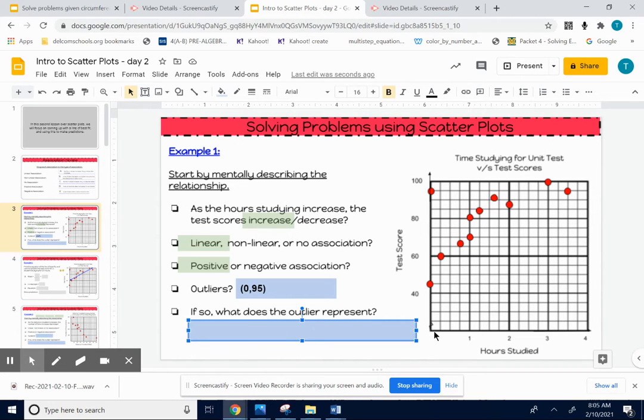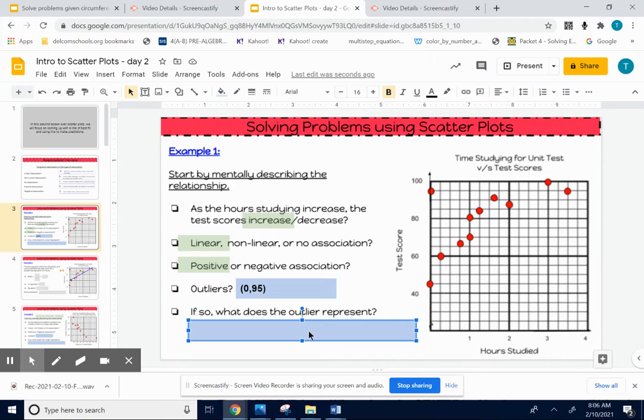Think about in this problem, what does (0, 95) mean? Well, 0 is the hours studied, because that's the x-coordinate from the x-axis, which is hours. 95 is the score of 95. So apparently someone studied 0 hours and got a 95.